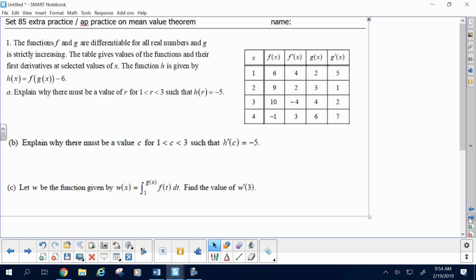All right. 1085 extra practice. Are you ready? So ready. Okay, here's a bunch of old homework.